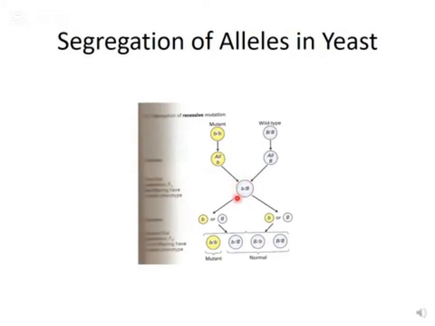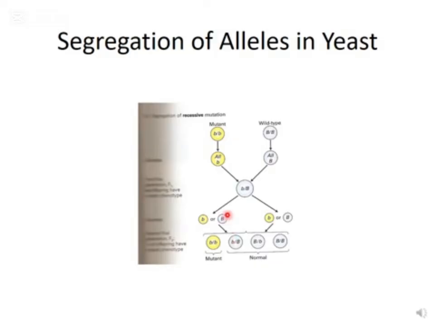If this generation mates with itself, that means in each case we're either going to get a recessive mutant or a wild type that is dominant. Again, you're going to either get a recessive mutant with a recessive mutant, resulting in a mutant phenotype, or a recessive mutant with a wild type that is dominant, getting a normal wild type phenotype.